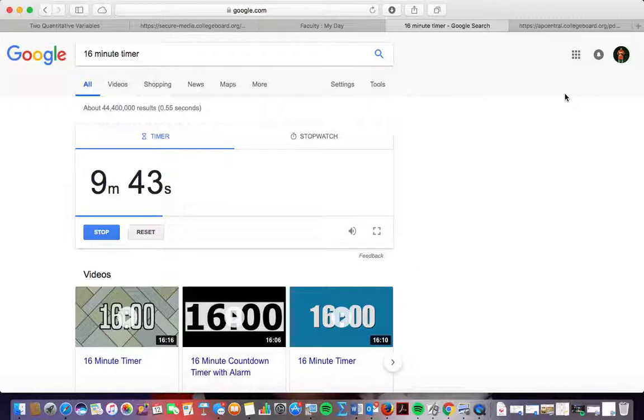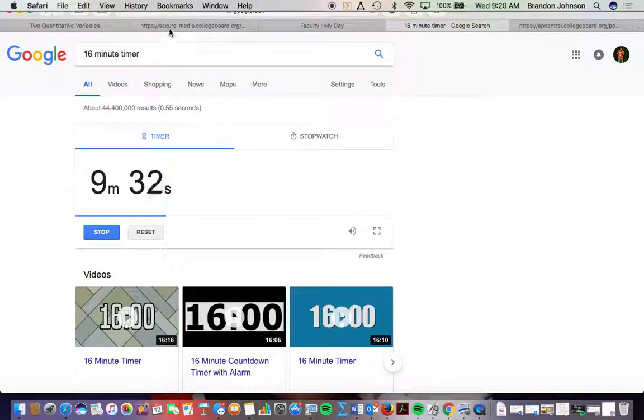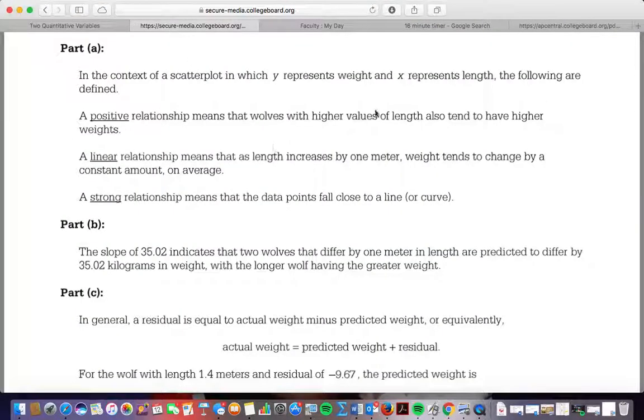It's predicted to increase. So linear means strong means how the way is predicted to increase.